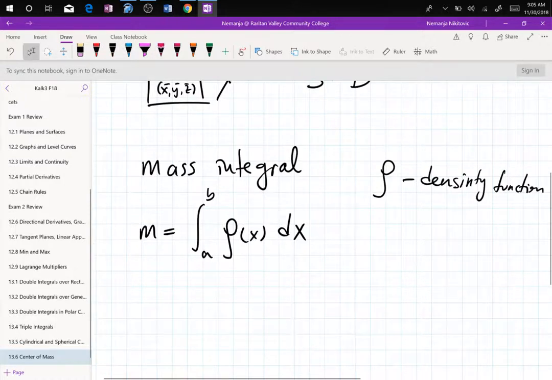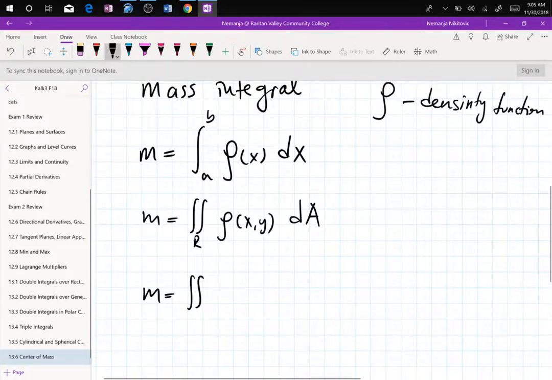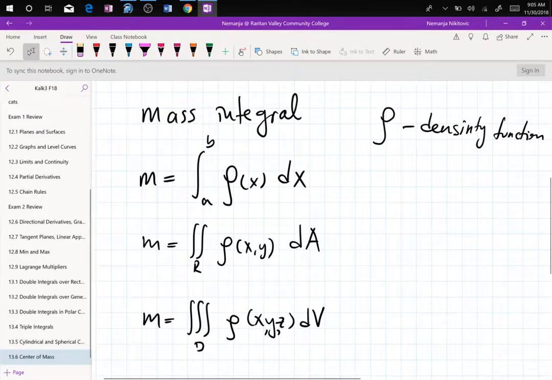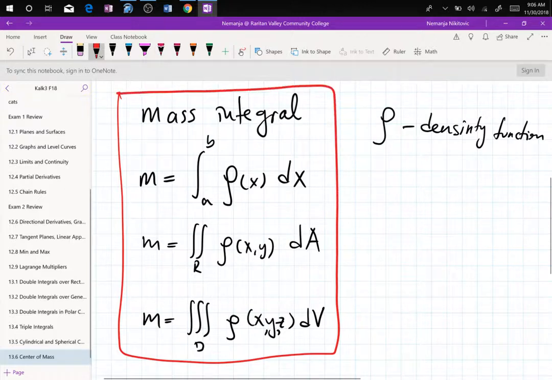So now, this is mass in one dimension. We have mass for 2 dimensions over region R, and we have mass for 3 dimensions over region D. So the mass integral will compute the mass of the object, and we have it for 1D, 2D, and 3D.